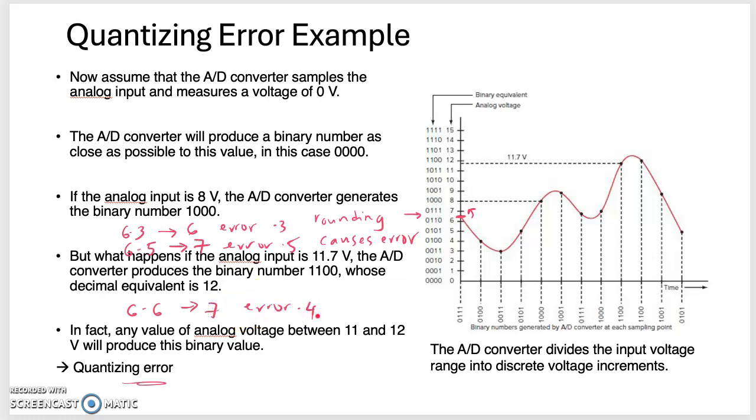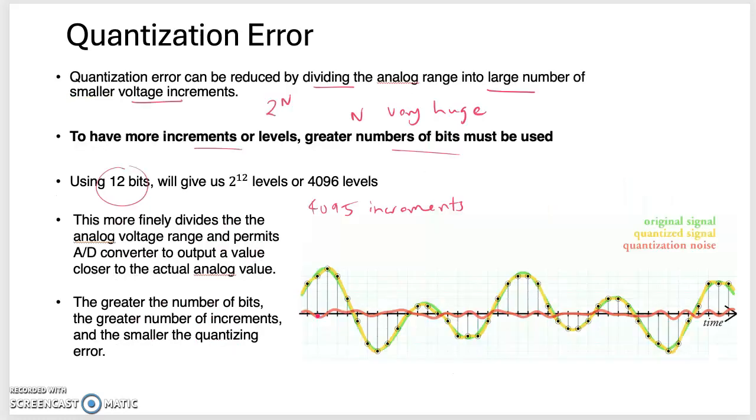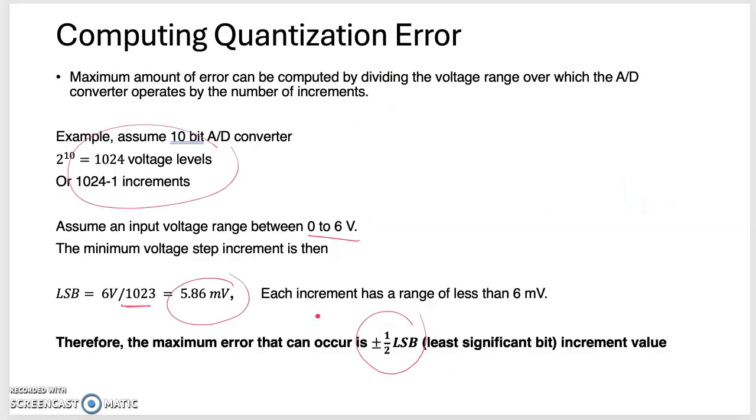So the maximum error that you can actually introduce because of the lack of levels is actually 0.5. So the maximum quantization error that you can give is actually 0.5 of the LSB, or the increment. I hope that makes sense.